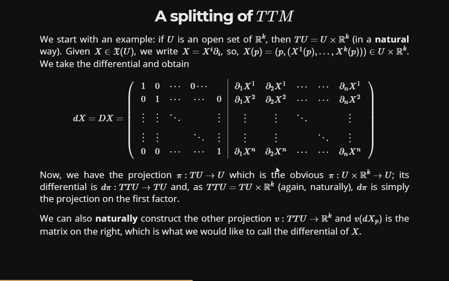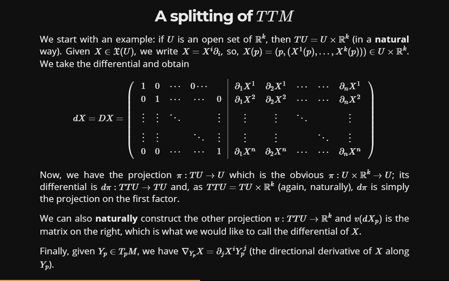So the differential of x, the directional derivative of x in the direction y, is what? Is taking this map, applying it to y, so sending it in the tangent of the tangent bundle, and then taking the projection v. And this will give you back a section of the tangent bundle again, because you're projecting on this factor.